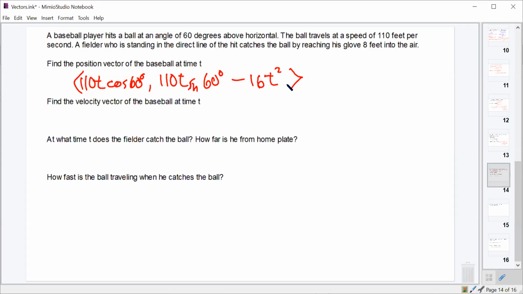Okay, so can we simplify that down by simplifying out the cosine 60 and the sine 60? What does that become? Cosine of 60 is what? Half, so that should be 55 t, and then the y component should be, if sine of 60 is root 3 over 2, that should be 110 root 3 over 2, or 55 root 3 times t.